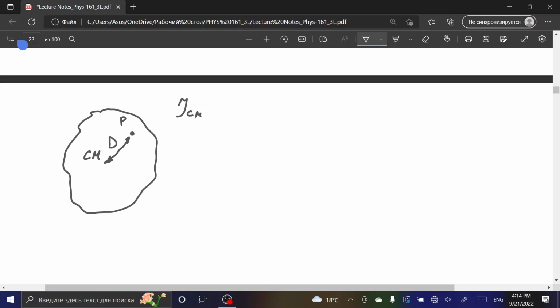we can determine the moment of inertia with respect to point P as the moment of inertia with respect to the center of mass plus the total mass of this continuous body times d squared.